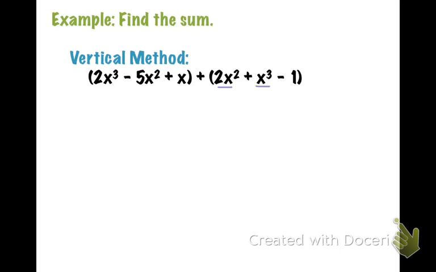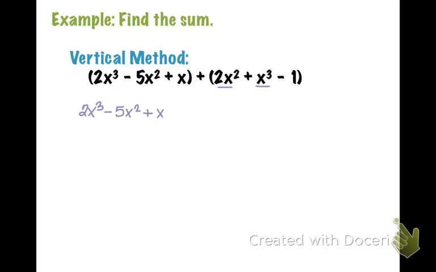So I'm going to rewrite the first one with any spaces that I need. And there's basically a space after that x, but we may or may not need it. Now, with this one, the second polynomial, I'm going to line it up with the terms that match it.